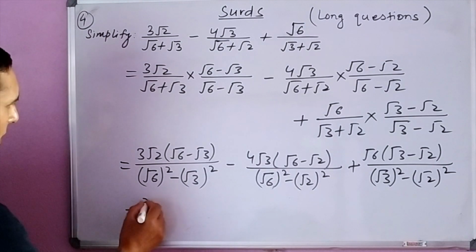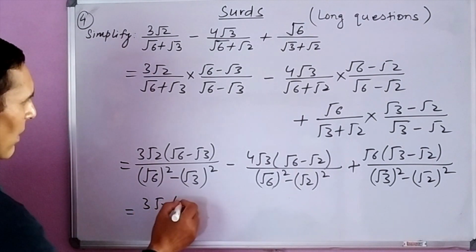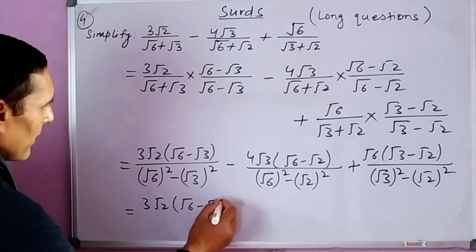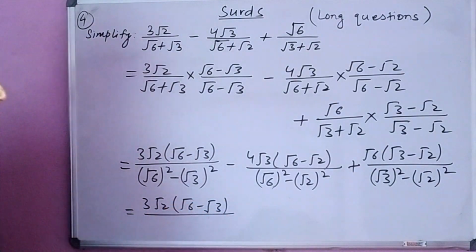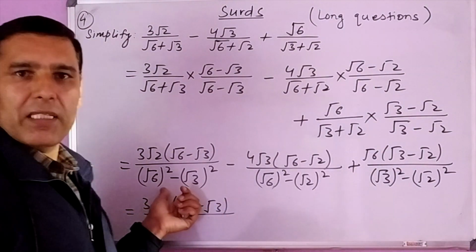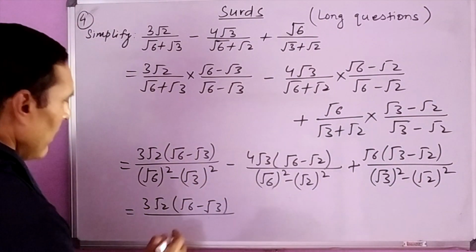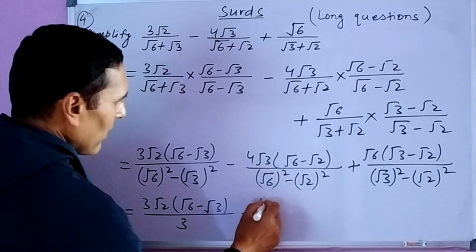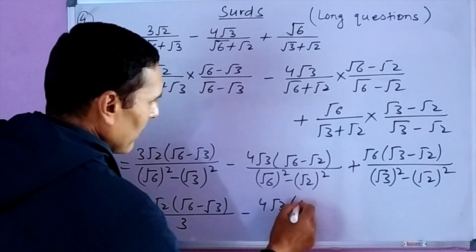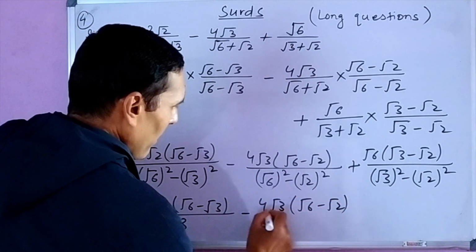So now it is 3 root 2 root 6 minus root 3 as it is. Root 6 whole square, it is 6 only, and root 3 whole square, it is 3 only. So 6 minus 3, it gives 3. 4 root 3, root 6 minus root 2.